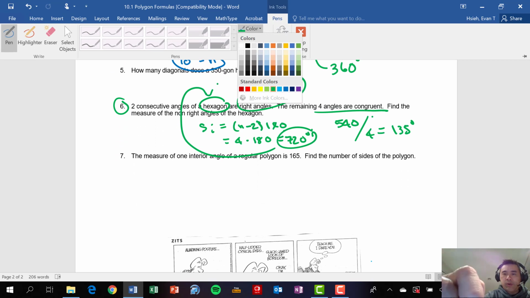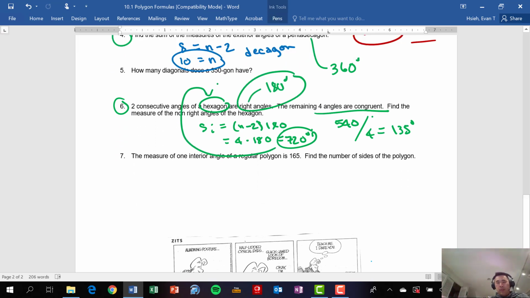And then let's do one last problem down at the bottom here. Measure of one interior angle of a regular polygon. So a regular polygon is where all the sides are the same. And there's a couple of different ways we could do this. We can do something like this.